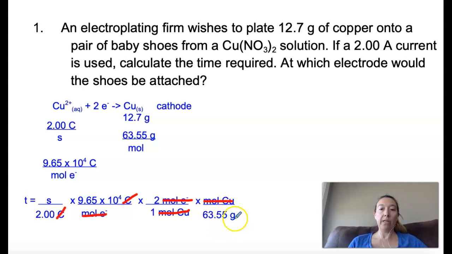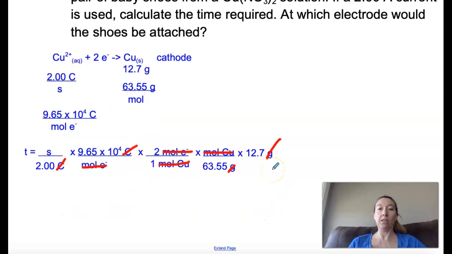Next we need to get rid of grams of copper, and we can do that using the mass. So we can do times 12.7 grams. And from that, we get rid of grams. Now all our units are gone except for seconds, which is a unit of time. So now we're going to calculate this to see whether it makes sense to leave this in seconds or whether we should change it.